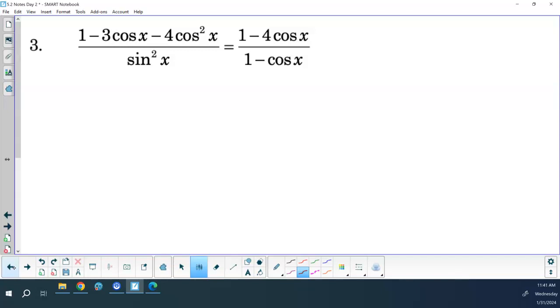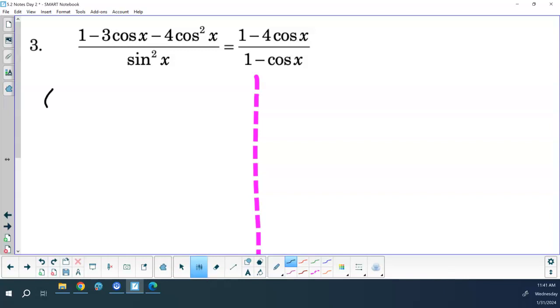So if I'm working left side here, what is the top factor to be? Right now I'm going to do left side, then I'm going to do the right side right afterwards.